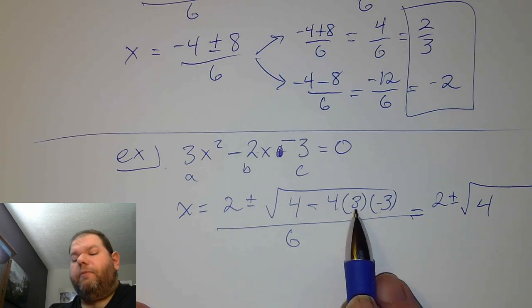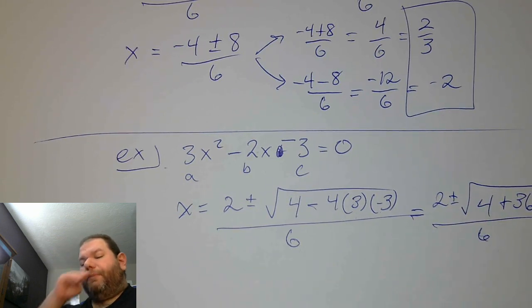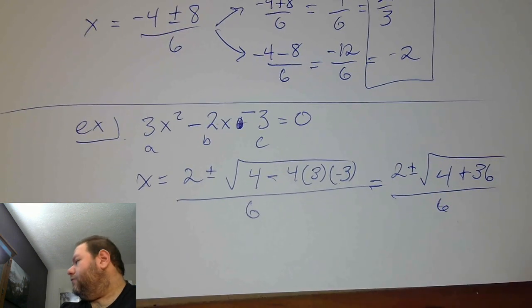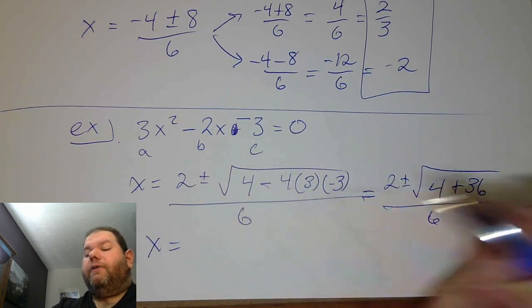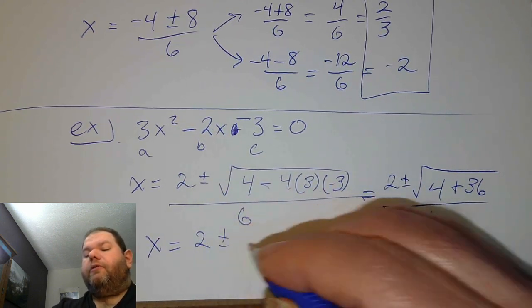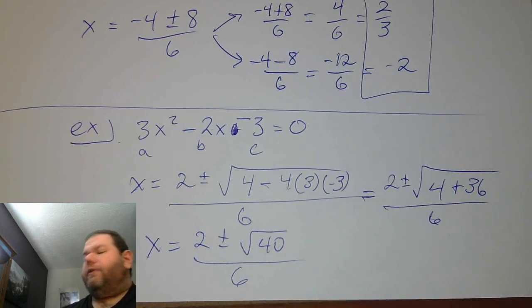So minus 4 times 3 is minus 12 times minus 3 is plus 36. So this time, under the square root, I got a number I wanted us to get, which is positive 40. So x is 2 plus or minus the square root of 40 over 6.